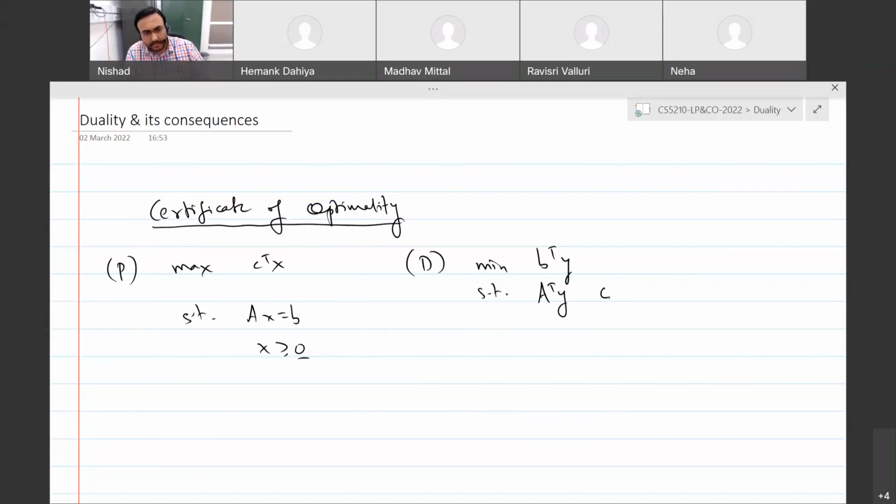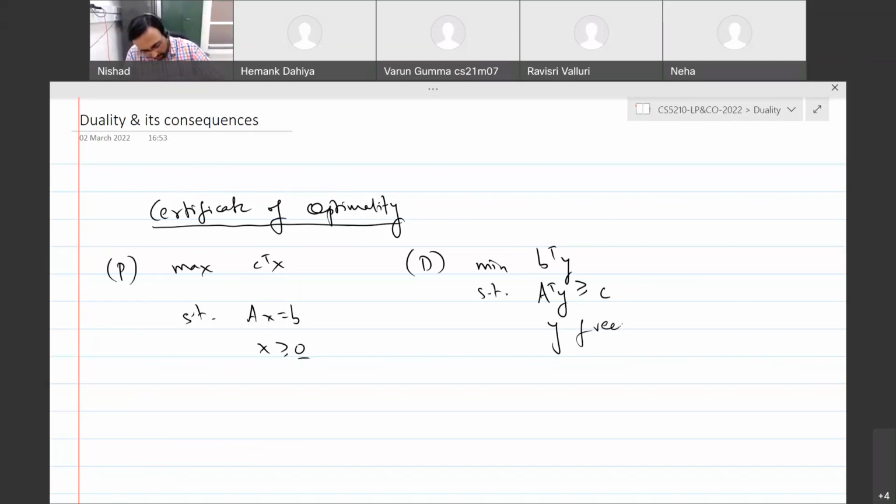And can someone tell me what the sign is? Greater than or equal to. Greater than or equal to, exactly. And these Y's are free variables, right?